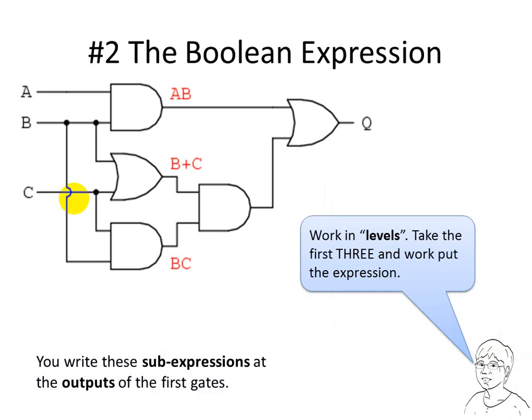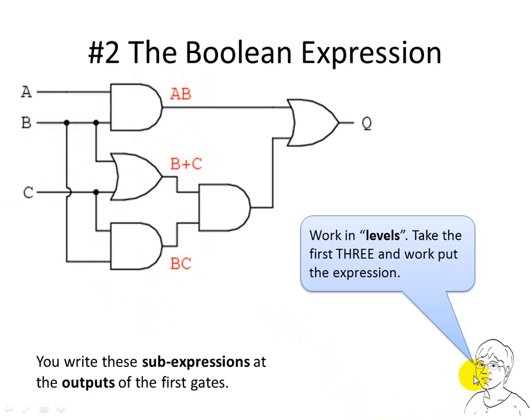Step 2. Deal with the first level. So the result of this is A, B, or A dot B. Should be a dot there. The result of this one here is B feeds into it, and C feeds into it. So it's B and C. And this is B or C. That's our first level.